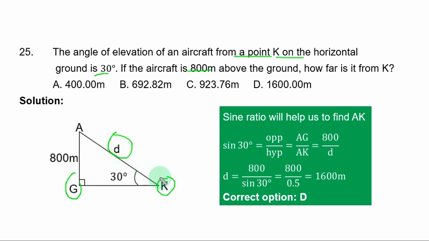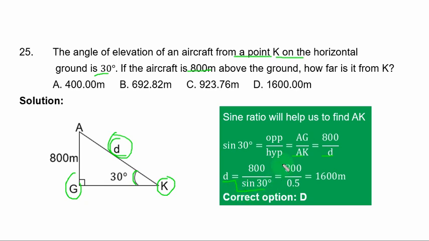The angle of elevation from K is 30 degrees. By this, what we are to use is sine, because you have opposite, you are looking for hypotenuse. Sine 30 degrees is opposite over hypotenuse, and you have 800 over D. If you make D the subject, you have D equal to 800 over sine 30 degrees.